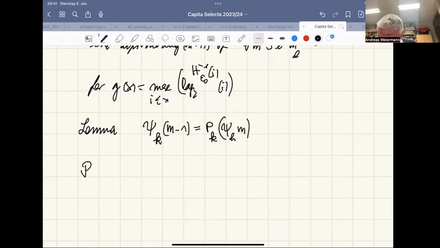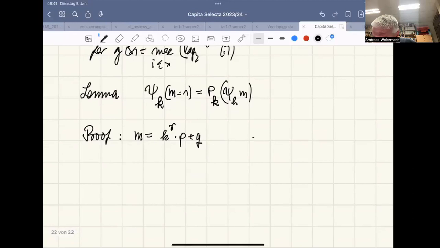So, proof. Well, we write m as we assume. What happens if m is 0? That's also fine, right? Left 0 and right 0. Now assume that m is k to the r times p plus q. Assume q is bigger than 0. What is p k of m minus 1? It is the same as p k of k to the r times p plus q minus 1.